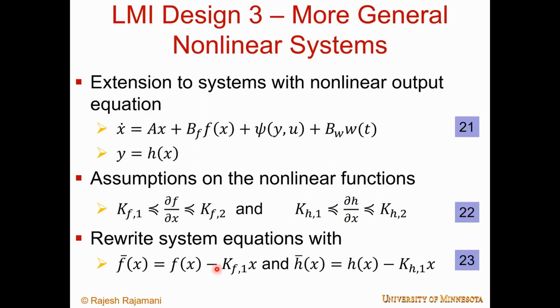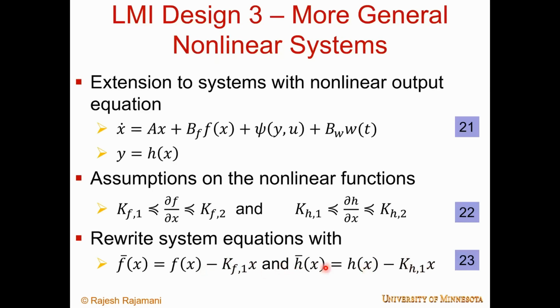It turns out that you can rewrite the system equations by defining new functions f bar and h bar. f bar is f of x minus k_f1 times x, and h bar is h of x minus k_h1 times x. So basically the lower Jacobian bound is being used in both these cases.